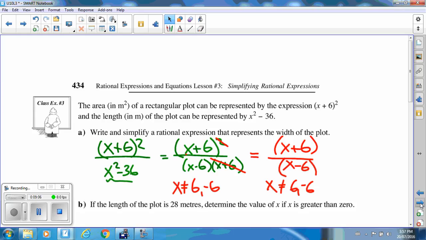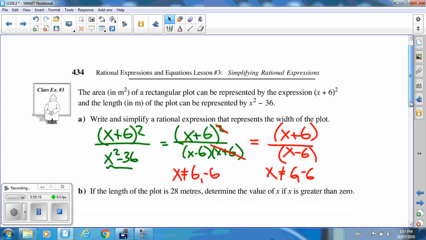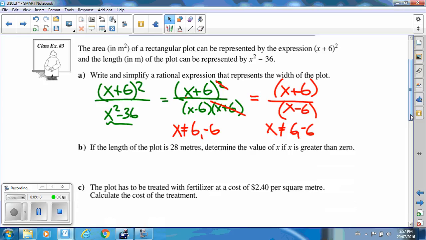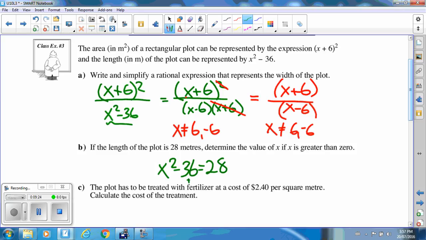Now, if the length of the plot is 28, well, the length is x squared minus 36. So I can go x squared minus 36 equals 28. Now I'm going to add 36 to both sides. So x squared equals 36 plus 28.